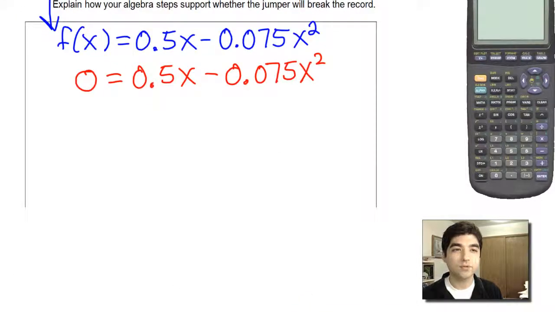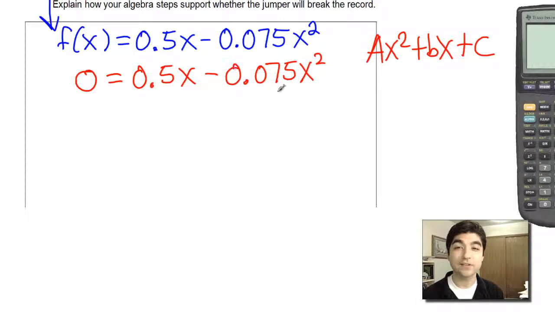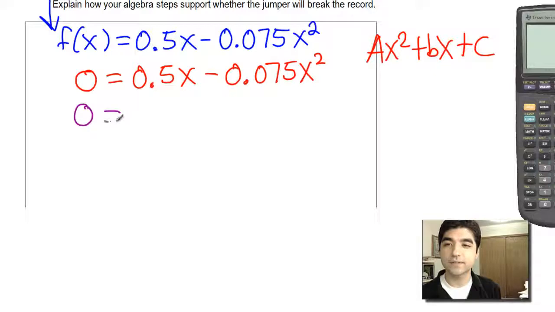And remember, the quadratic form is ax squared plus bx plus c. Now, in our equation, it's kind of backwards. We got the x squared on the right side and the x on the left side. So let's change those around to fix that first. So we got 0 equals, let's bring this negative 0.075x squared on the left hand side.